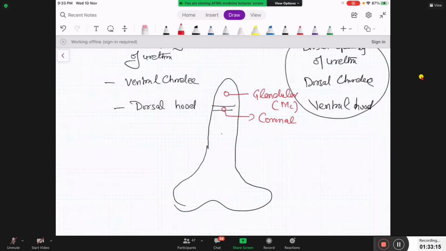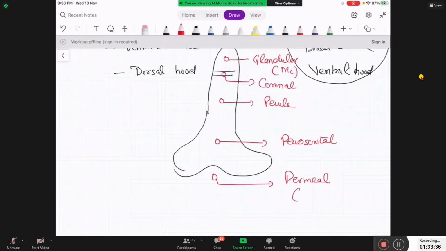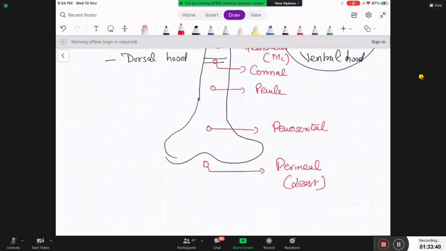When the urethra opens in the penile shaft, it is called penile. When the urethra opens at the penoscrotal junction, it is called penoscrotal. And when the urethra opens at the perineum, it is called perineal. This perineal is the least common type of hypospadias.